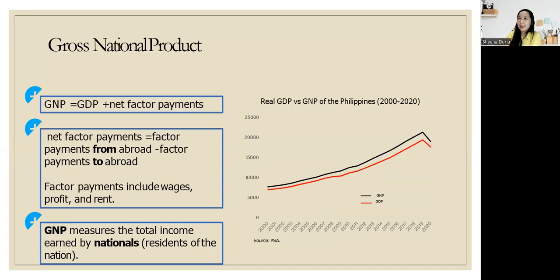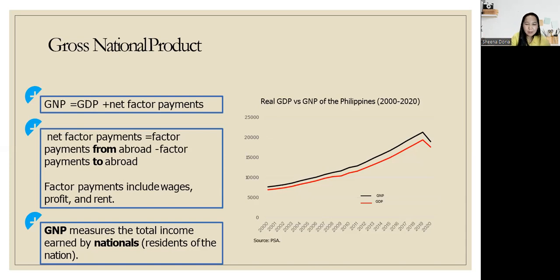Okay, so ibig sabihin, yung GDP class, in-emphasize ko yun sa definition natin, gawa dito sa Pilipinas, even the foreigners na mayroong mga investment dito, ikinakount natin as GDP. Okay, pero kapag GNP naman is gawa ng mga Pilipino, yung mga Pilipino na work sa abroad, kung ano yung mga income nila, sinasama natin doon sa gross national product.